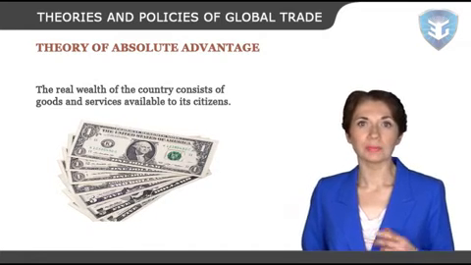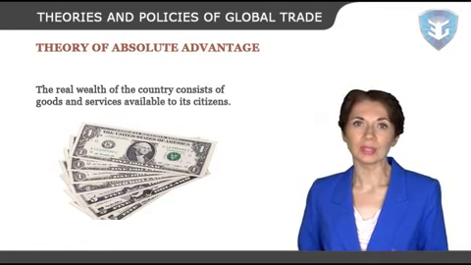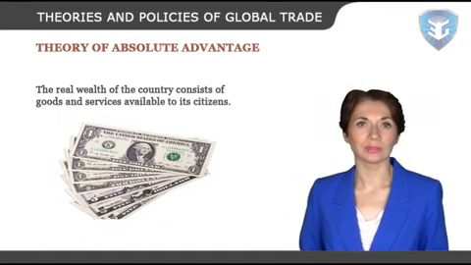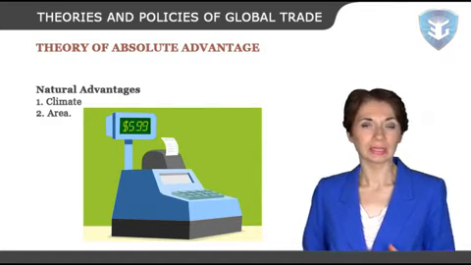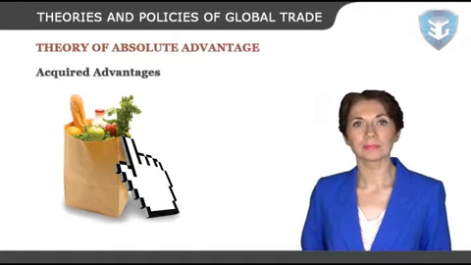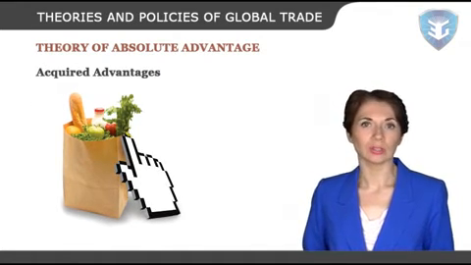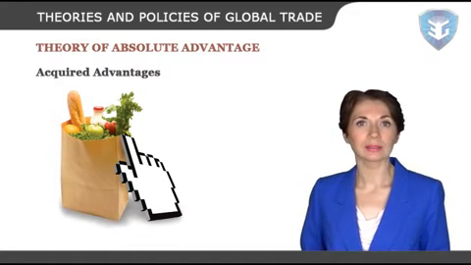Resources spill over into profitable industries, as the country cannot compete in unprofitable sectors. Natural advantages, climate, area, and acquired advantages, such as production technology, determine the ability to produce various products.